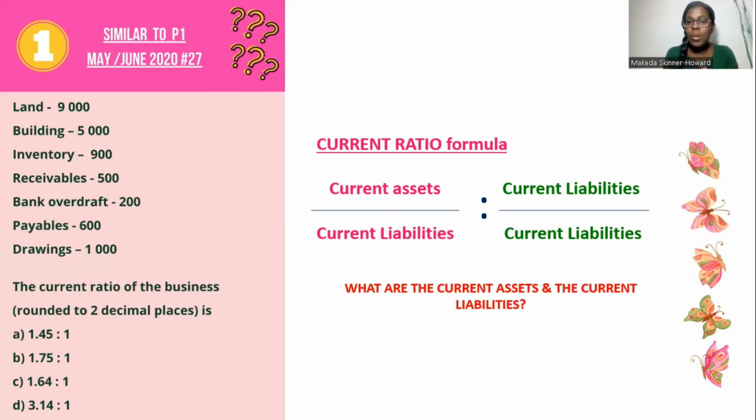And for us to do that, we have to know what are the current assets and what are the current liabilities, because all of the information they gave us will not be necessary to work out current assets and current liabilities. So you have to know what is the criteria for determining whether something is a current asset or a current liability.